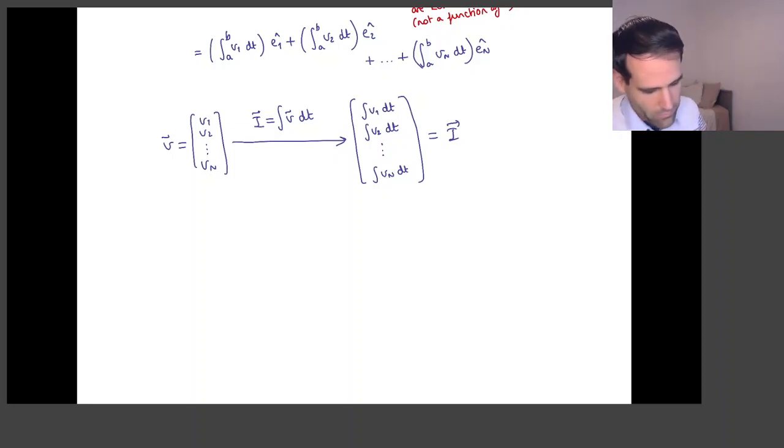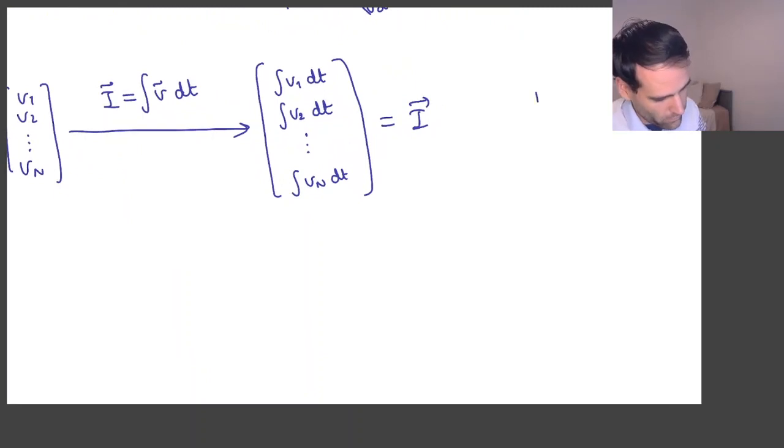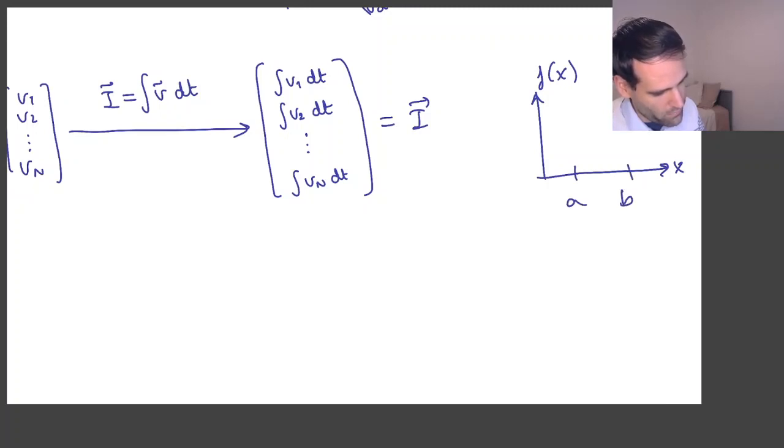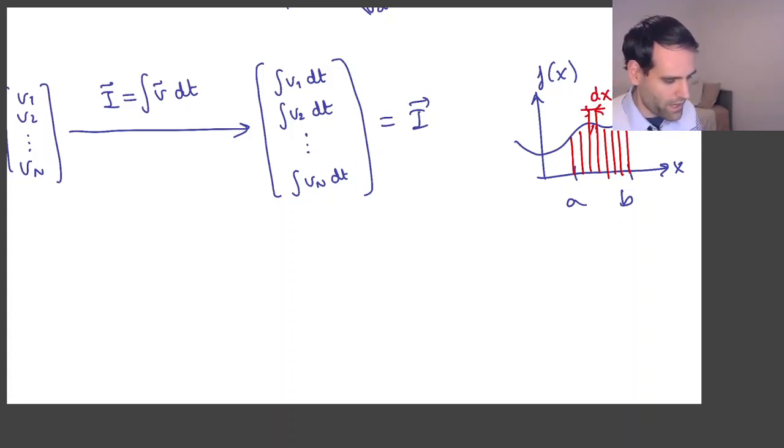So the same way that the normal integral of one-dimensional functions, f of x and x, if you do the integral between a and b of some function f of x, one interpretation of the integral is that you are adding little rectangles of a width that is infinitely small, a width dx, and you are adding the area of those rectangles, right? You remember that. So that was in one dimension.